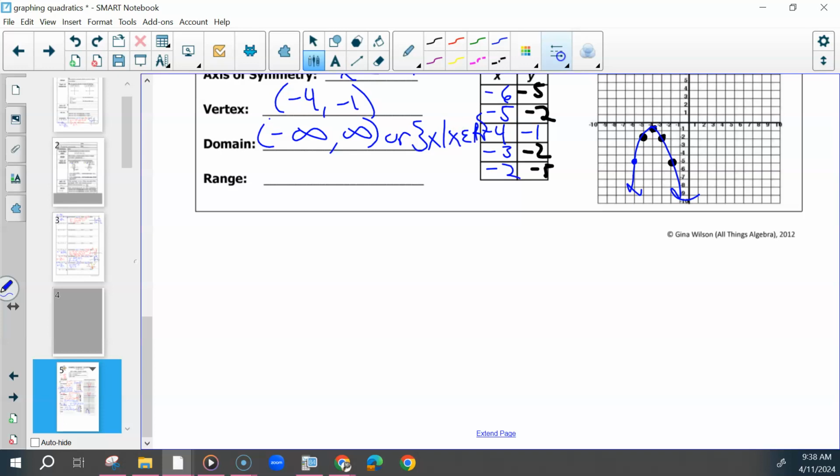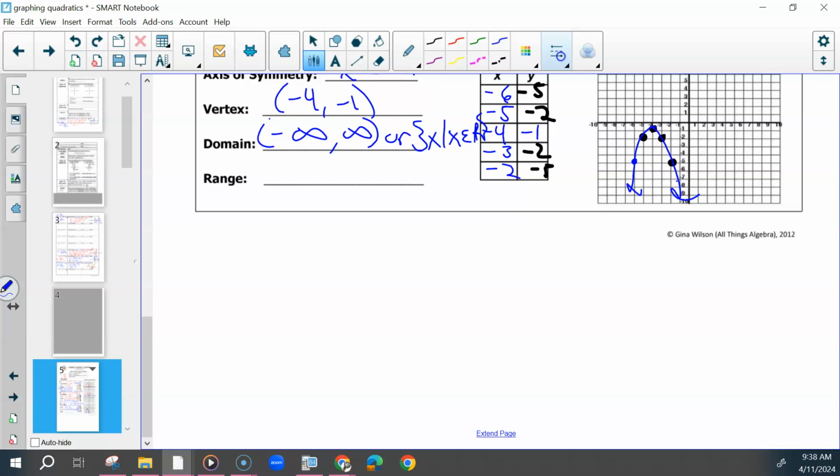What's our range? What's our lowest value? Is that our lowest value? So it's not lower than -5. It's -1. So it's not lower than -1.